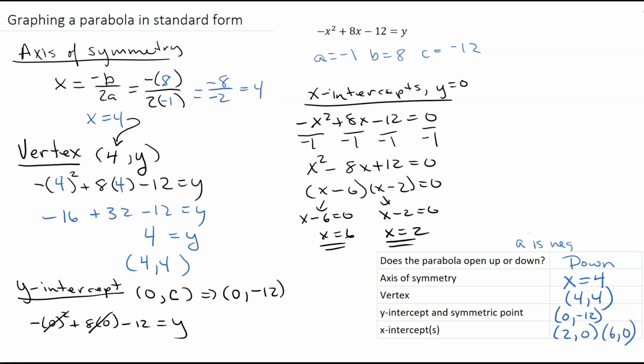As I had mentioned before, I could have found those intercepts using the quadratic formula. I'll just show you how that would have worked here. If I was using the quadratic formula, I would have x equals negative b plus or minus the square root of b squared minus 4 times a times c all over 2a. And once I plug my values in, I can go ahead and simplify.